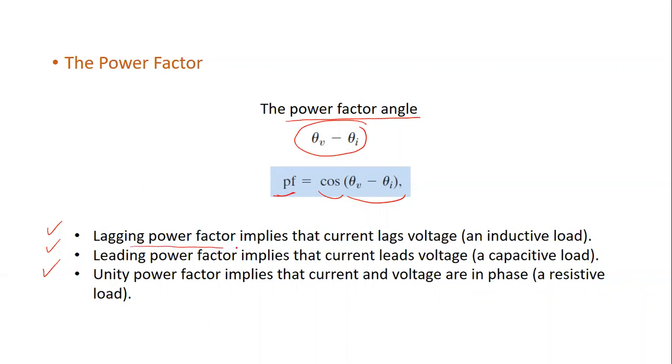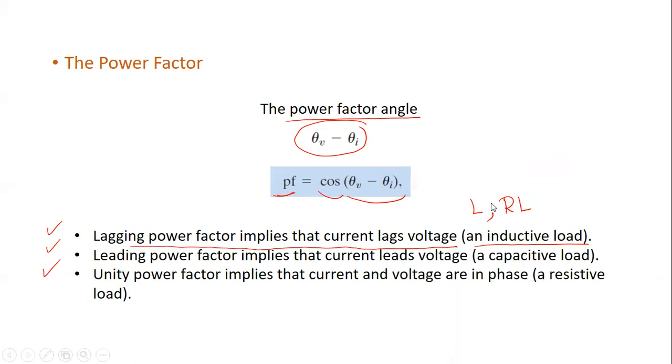Lagging power factor implies that the current lags the voltage, and the current lags the voltage if you have an inductive load. It is not necessarily a purely inductive load, because in real life we cannot have a purely inductive load, but in most cases it will be a resistive inductive load.